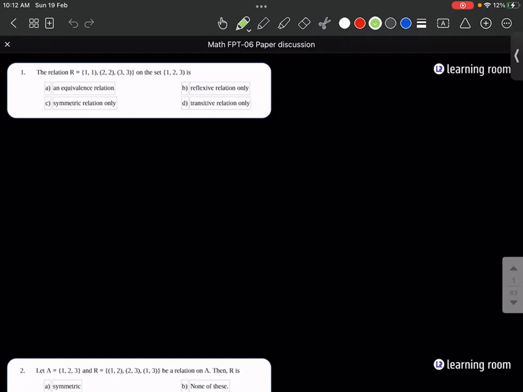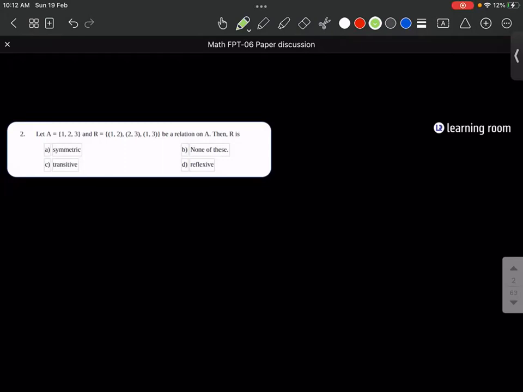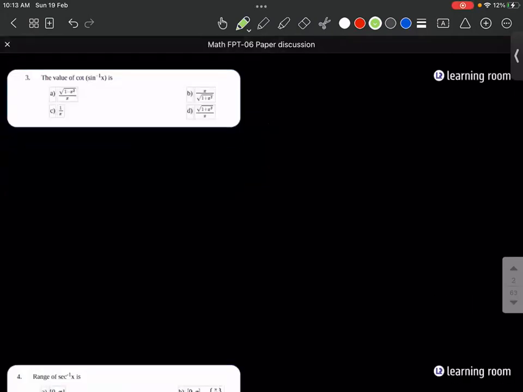Yes, sir. Correct. Second? C. Correct. Third, the value of cot of sine inverse x. D. Sine inverse x is equal to cot inverse of root of 1 minus x square divided by x.